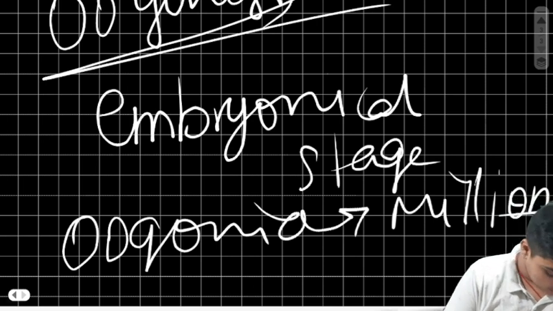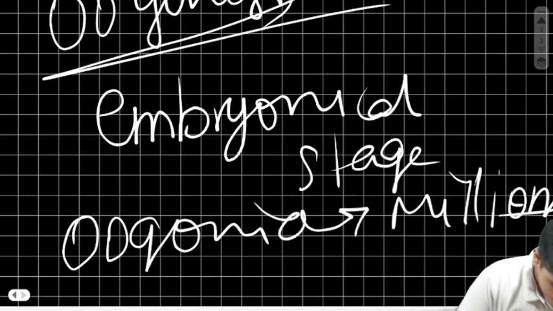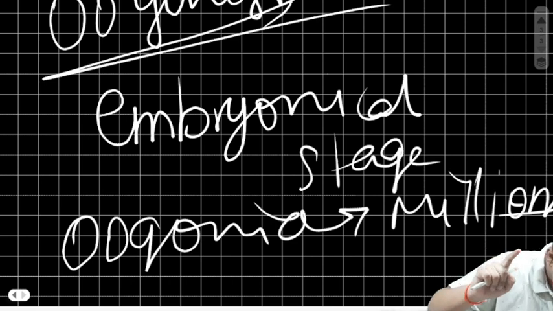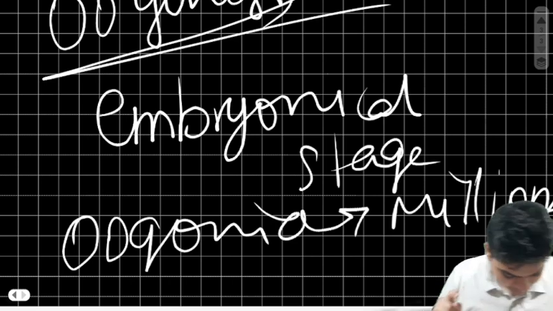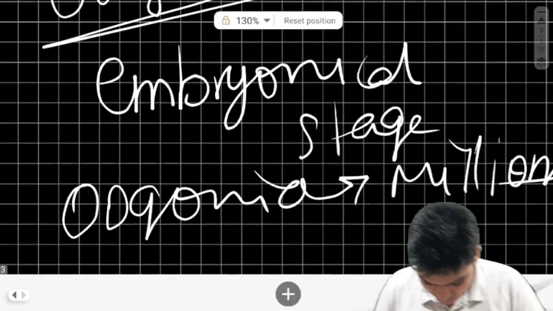These oogonia are also called gamete mother cells.